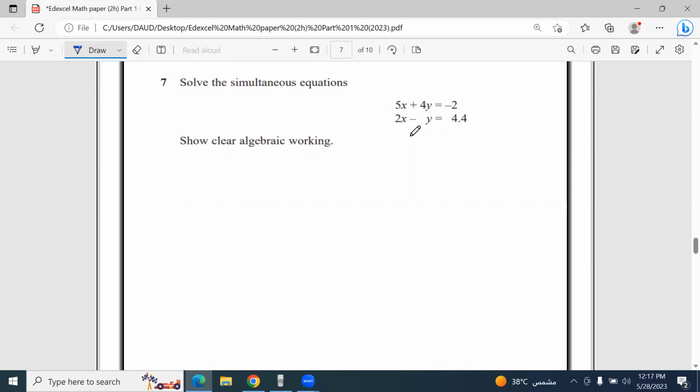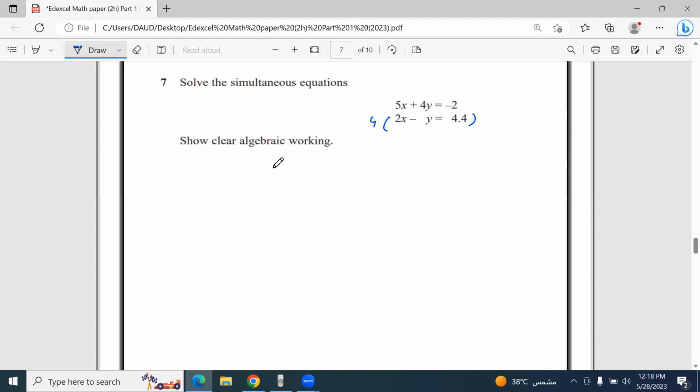For elimination, I try to make the same coefficient of one of the variables in the first or second equation. If I multiply the second equation by 4, then minus 4y and plus 4y, we can eliminate easily.